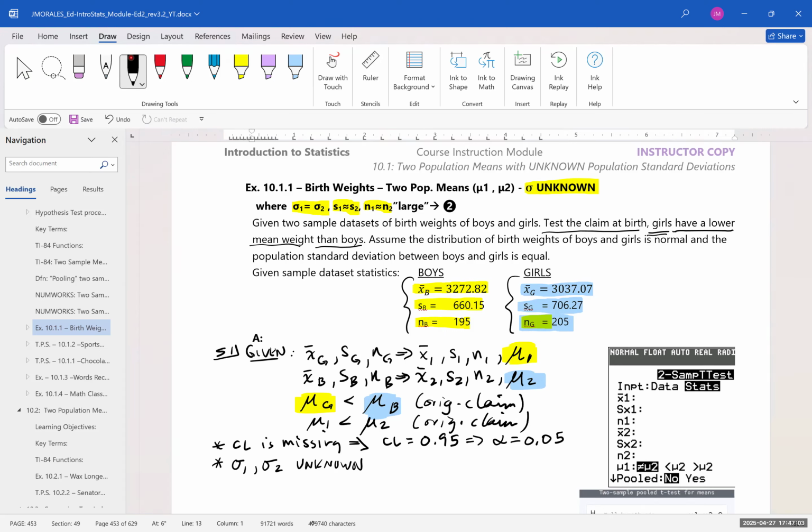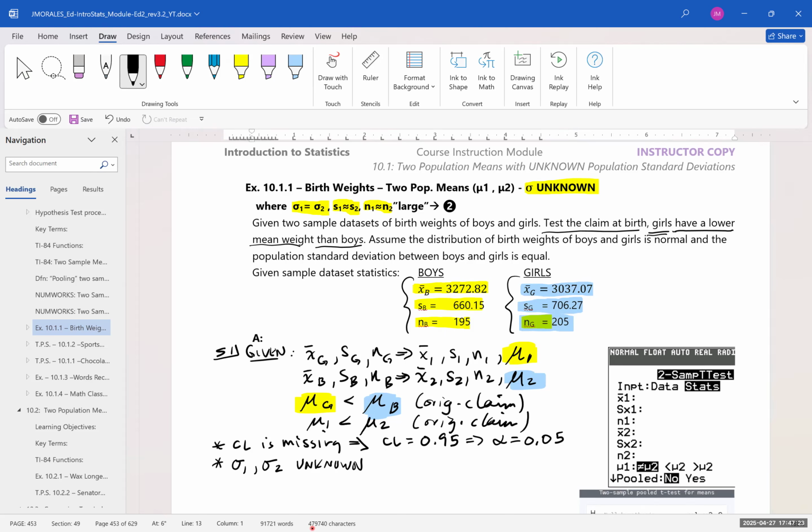But because we're talking about the weights of human beings, and it doesn't matter the gender at birth, they're still human beings, and we can assume that the standard deviations of both populations will be the same.